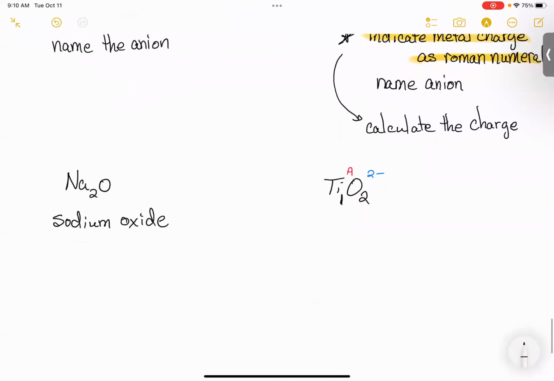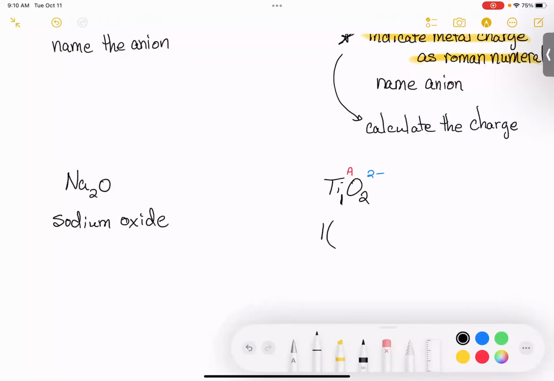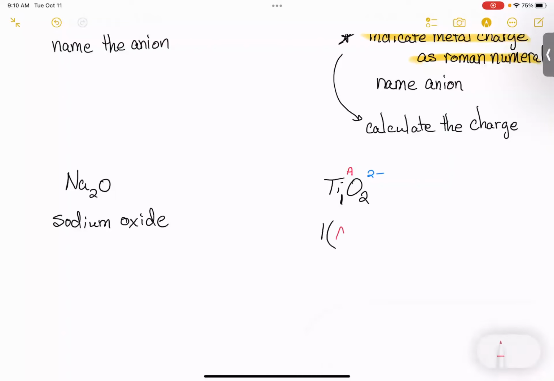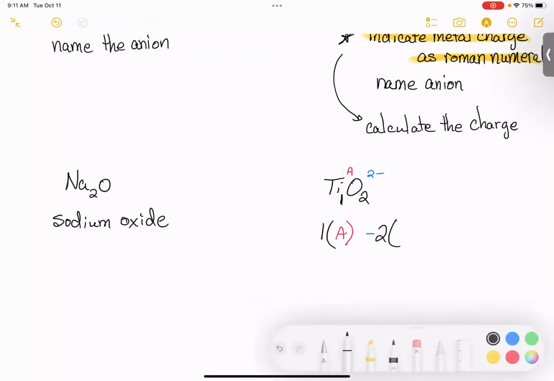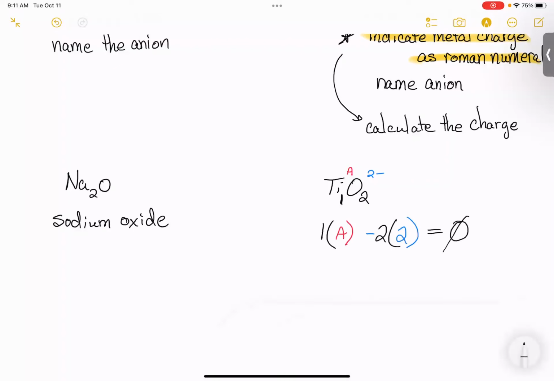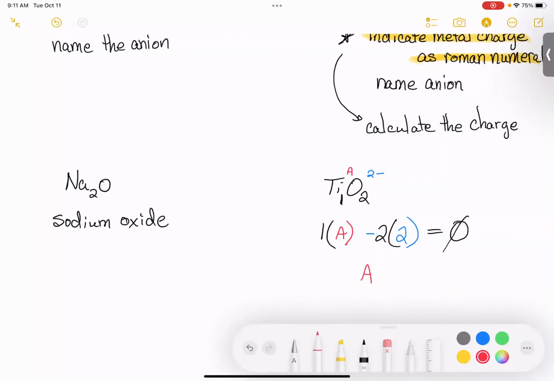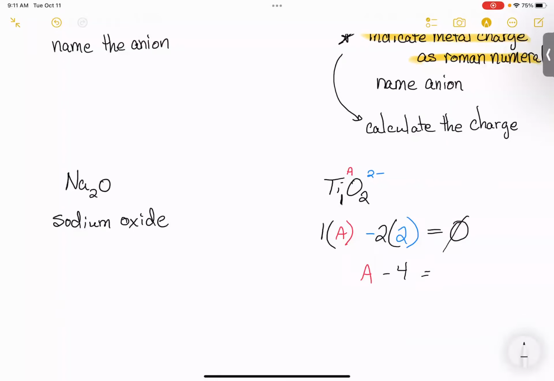So what we have is 1 times A minus 2 times a -2. And because ionic compounds must be charge neutral, we set that equal to 0. So you have A minus 4 is equal to 0.